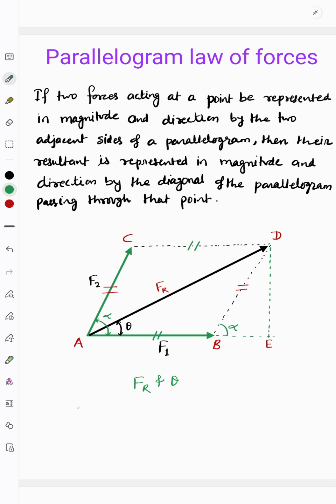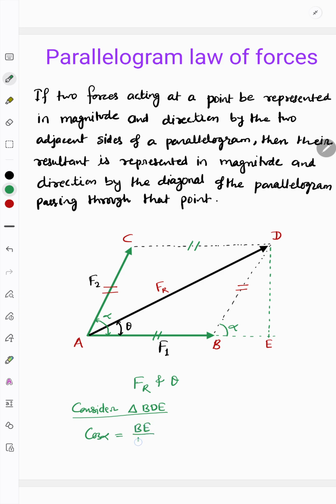We will consider triangle BDE. This triangle we have to consider, and we will start dealing with it. First we take cos alpha in this triangle. Cos alpha will be BE by BD, that is base by hypotenuse.